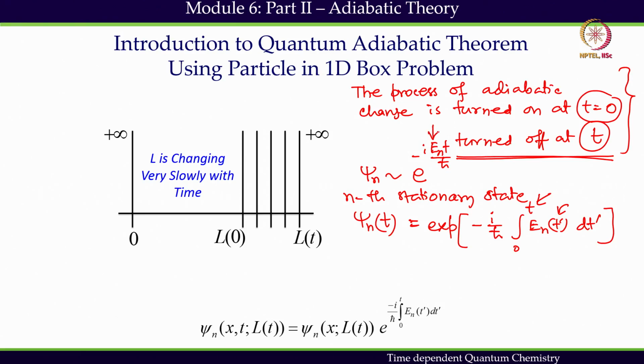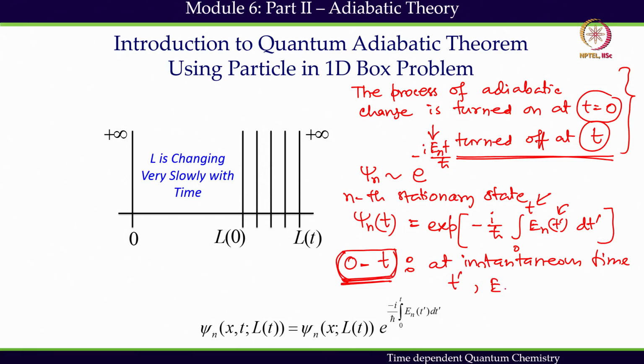During this 0 to t time interval, during which the adiabatic change is going on, at any instantaneous time t dash within this interval, the energy E n would depend on that time.